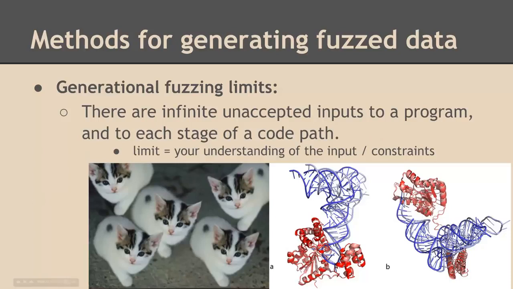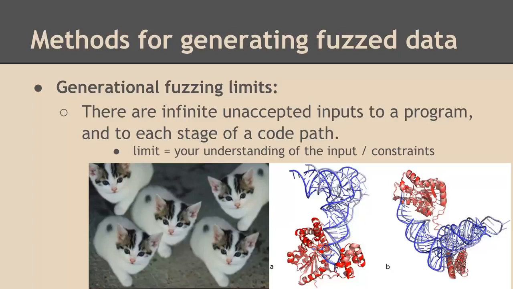But as I said previously, there are infinite ways to fuzz something wrong, and so the only drawback with this approach is the limit of your understanding of the inputs and constraints of the program that you're trying to fuzz.